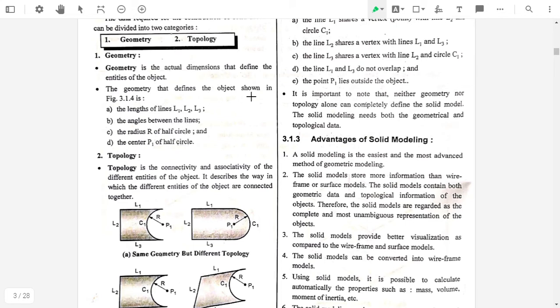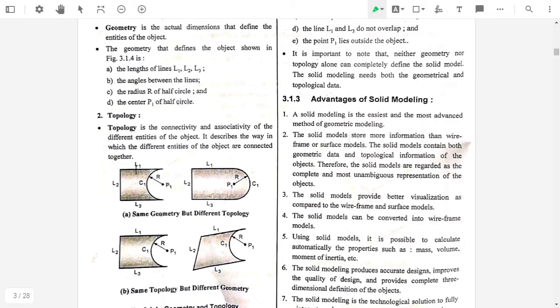The geometry that defines the object as shown in the figure: the lengths L1, L2, L3, the angle between the lines, the radius of the half circle and the center P1 of the half circle is called the geometrical information.